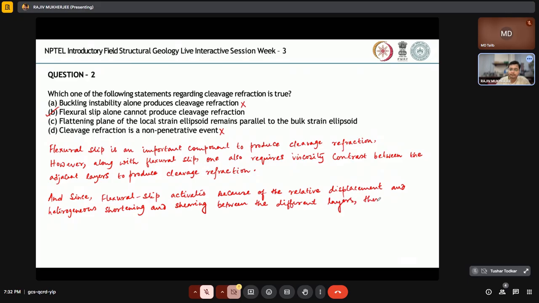Therefore, the flattening plane of the local strain ellipsoid rotates differently between different layers.